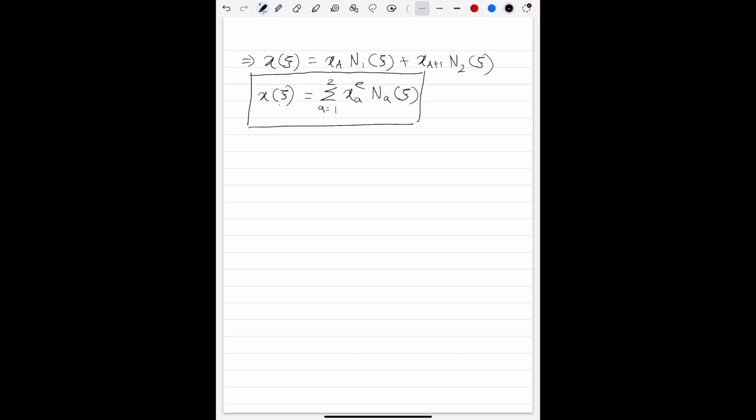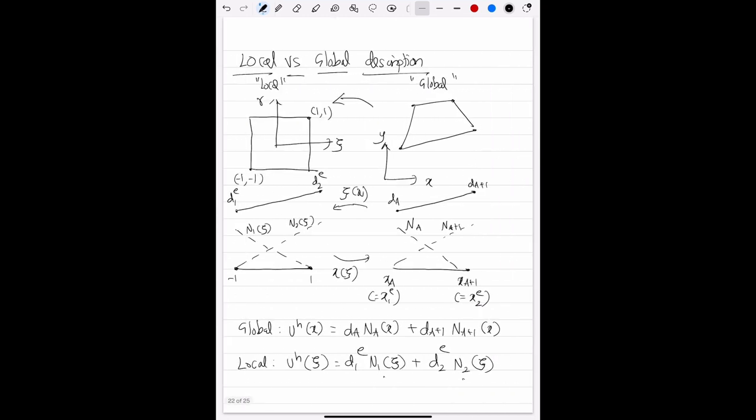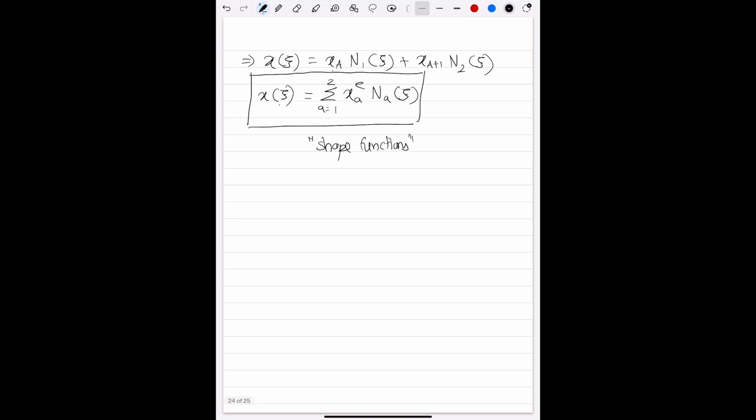And what's remarkable is that the mapping again involves our basis functions, and that's why our basis functions are also called shape functions, because they help us convert an irregular shape in the global coordinate to a more regular shape in the local coordinate. So to summarize, what we have learned so far is that there are three interpretations for our basis functions.